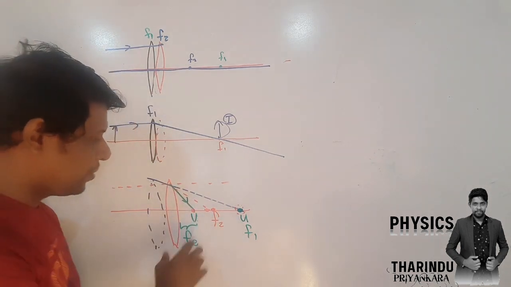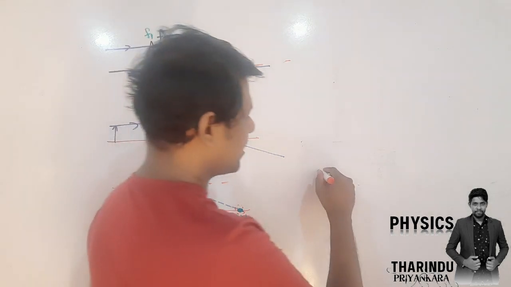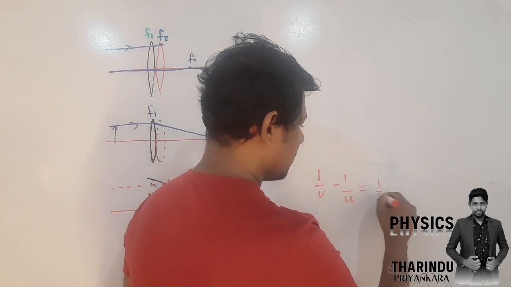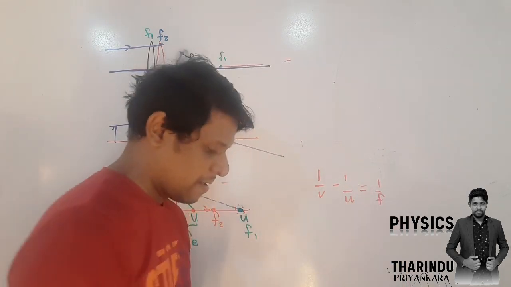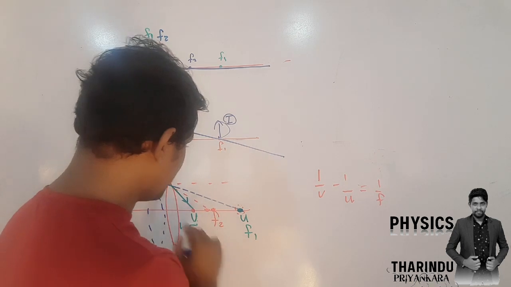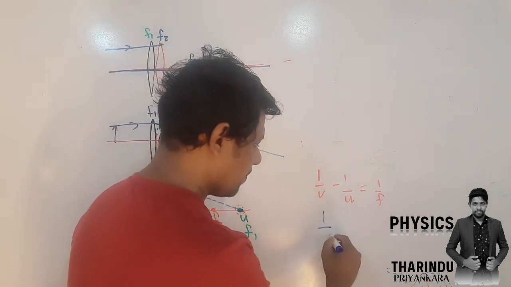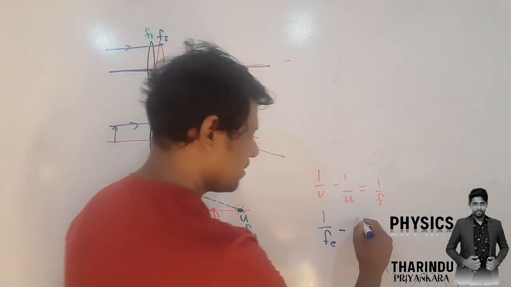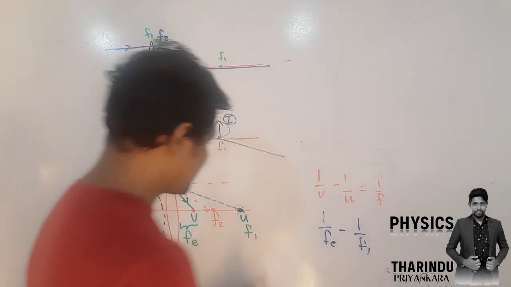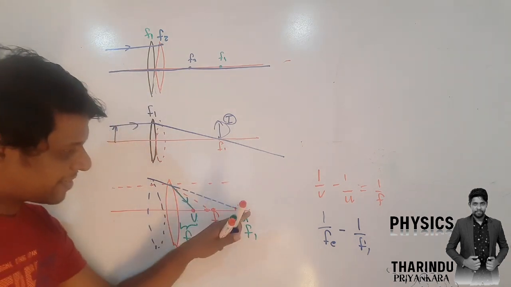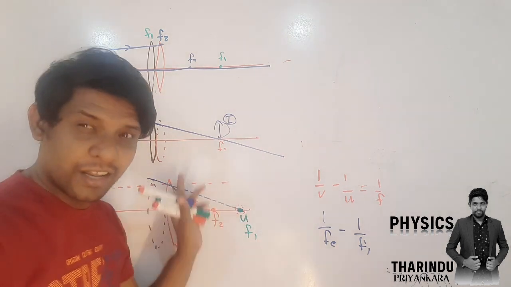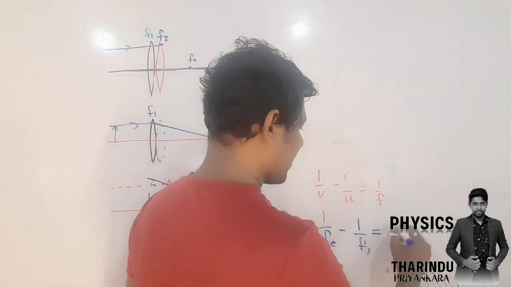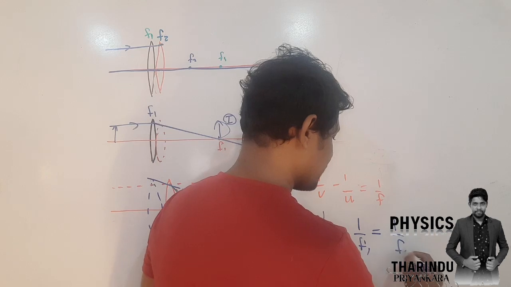This is V, this is U, and this is F. Let's apply the lens formula. 1 over V minus 1 over U equals 1 over F. Right? 1 over V is 1 over Fe, minus 1 over U is 1 over F1 for the first lens, the image. For the first lens, it is the image. But for the second lens, again I'm saying that is the object. Okay. Now for the final, it is the F2.